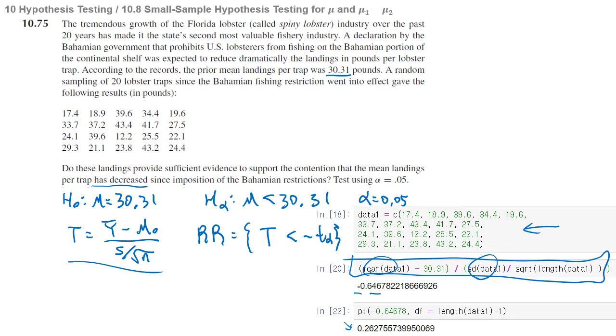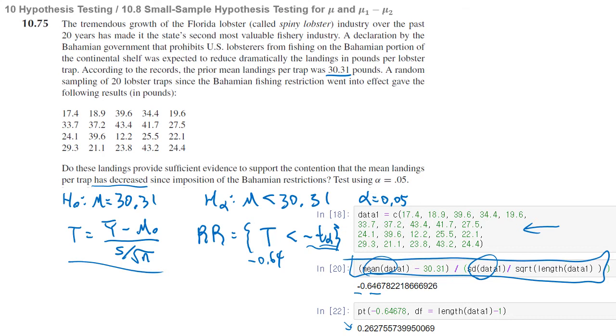Actually, I missed the calculation of t alpha. Minus 0.64 should be more than that. Let me do this quickly.